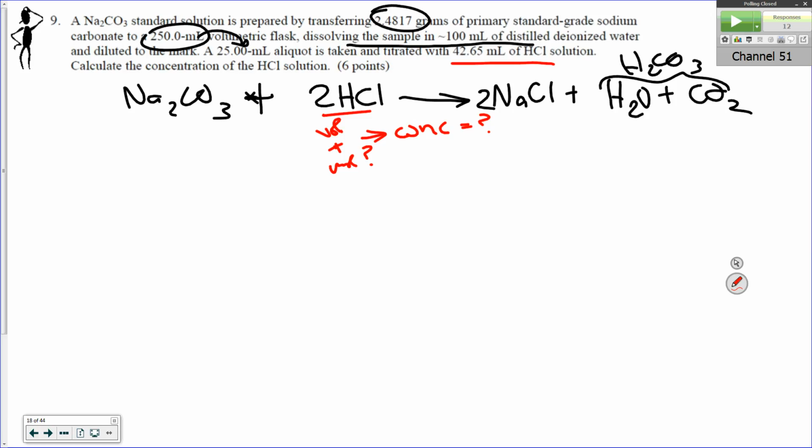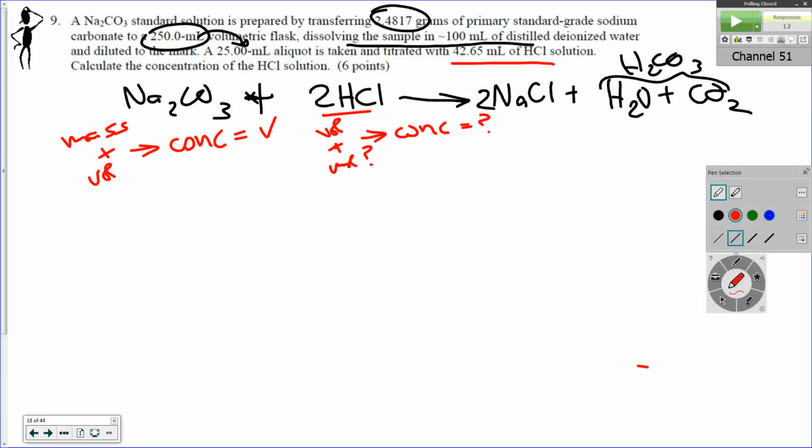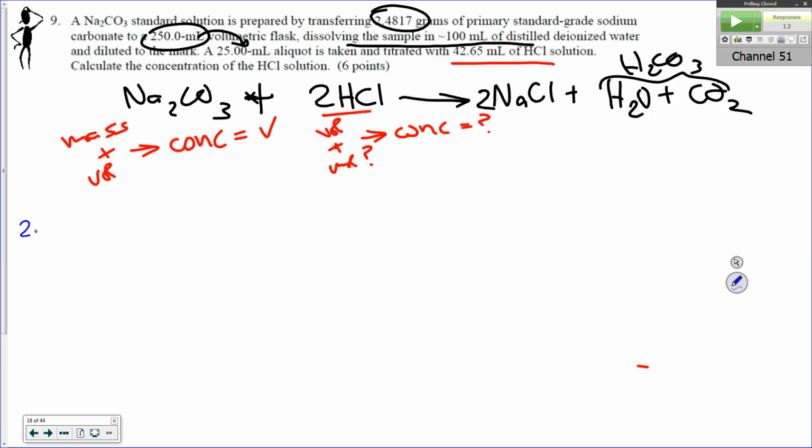So we know the mass plus the volume of the sodium carbonate, therefore we can establish its concentration. We know what it is, or we can calculate it. So we're taking everything we know to find out the one unknown in this system. All right, so start with what we know. We've got a certain mass.